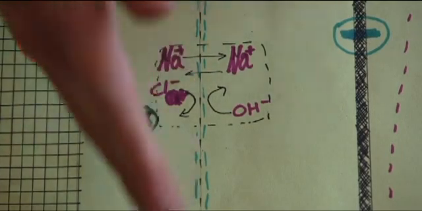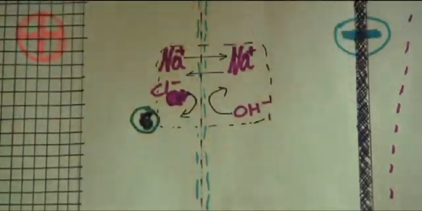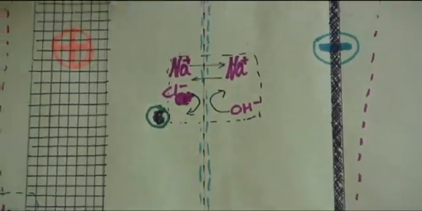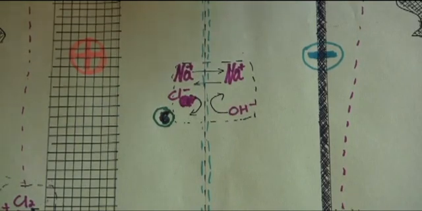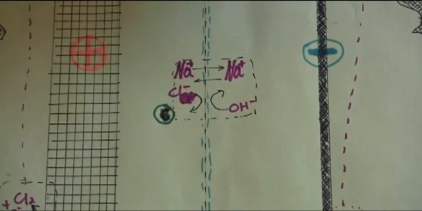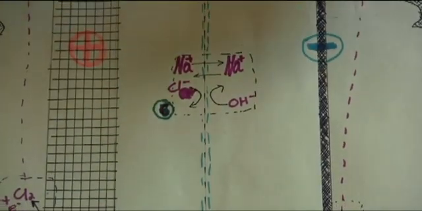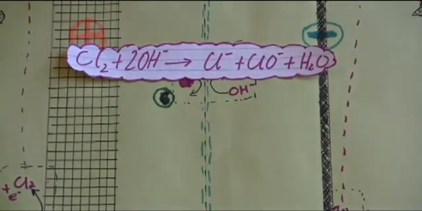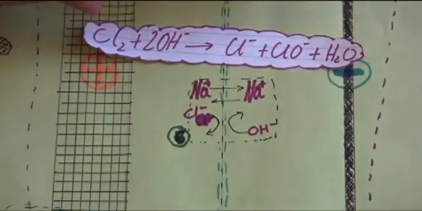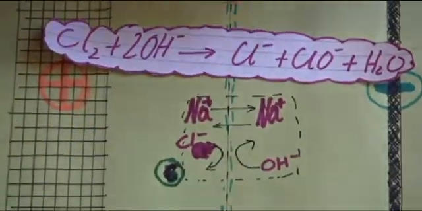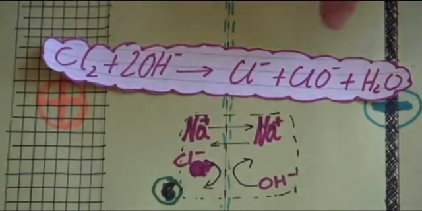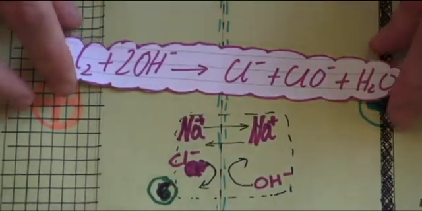Now it is important that this membrane stops these two reacting, because if they were not separated, we would get the formation of chlorate or hypochlorite. If the temperature is under 60 degrees, we would get chlorine reacting with the hydroxide ions, and this would form chloride ions, chlorate and water.